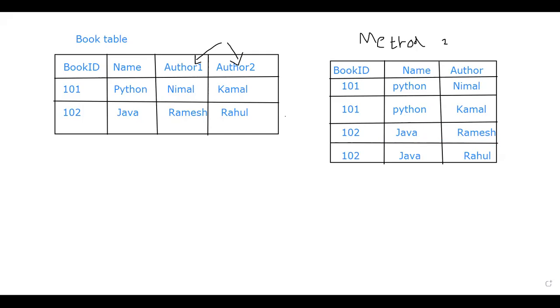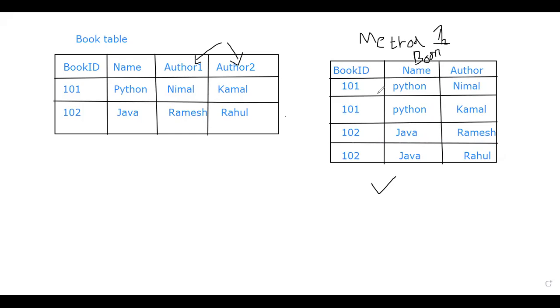If you consider this table which we have done using method 1, let me call this the book table. Now check whether this book table is in first normal form. Does it have atomic values?